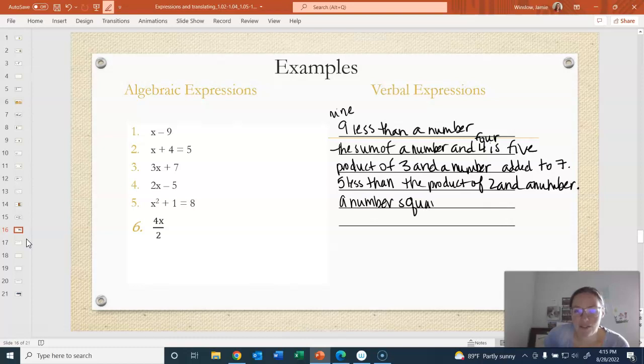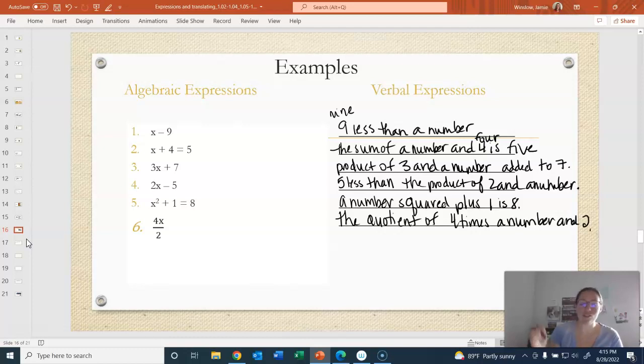A number squared plus 1 is 8. And lastly, the quotient, can I spell it? Of 4 times a number and 2. There we go. So we're just translating from the math expression to the English words.